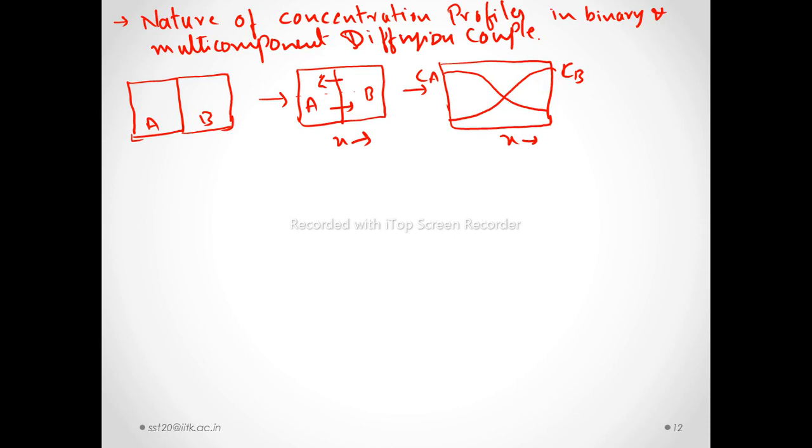Yes. This is a concentration profile. There are so many steps involved in this diffusion couple approach. From this, we can obtain the diffusivity value, flux value, and so much information can be obtained with this diffusion profile.